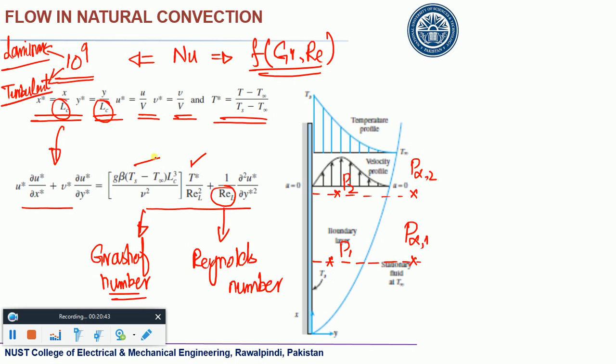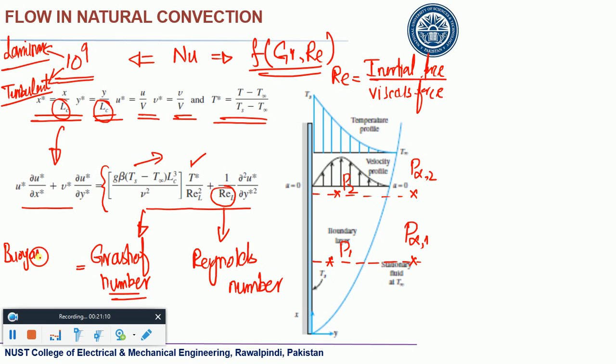Just like you said that Reynolds number is kind of a ratio of the inertial forces over the viscous forces, what do you see over there? This Grashof number is kind of the ratio between buoyancy force over viscous force, isn't it?